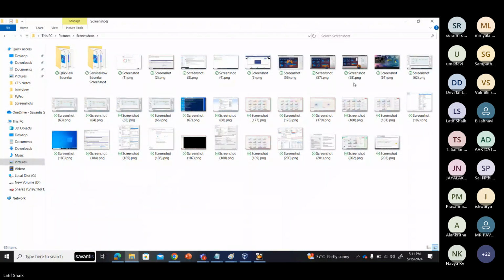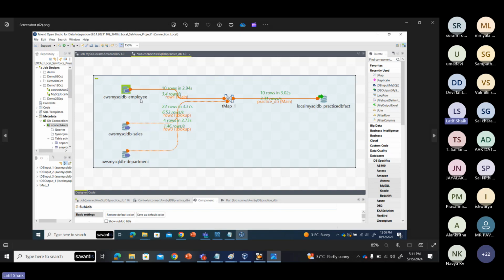So where is my design? I have brought three tables from the AWS database and combined this data into one single table.